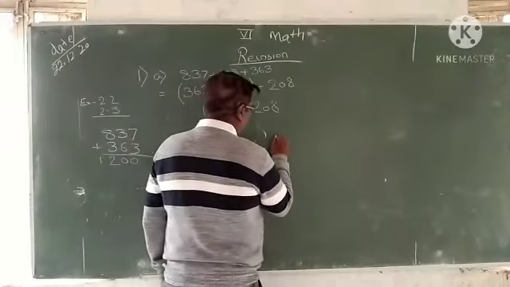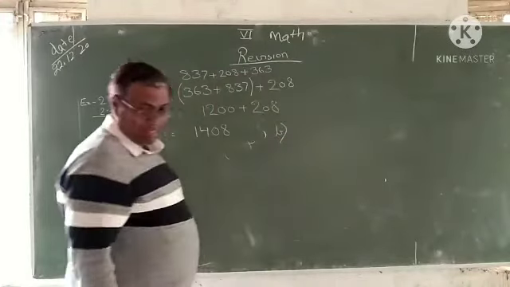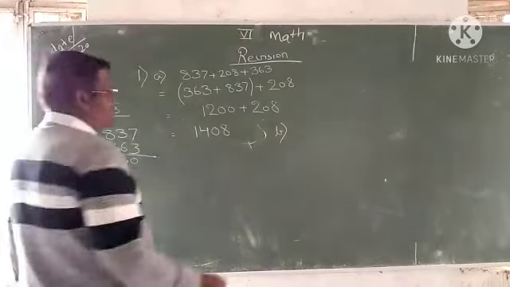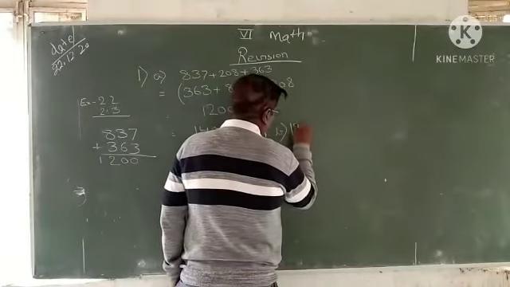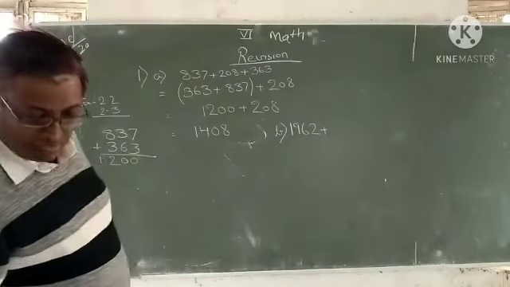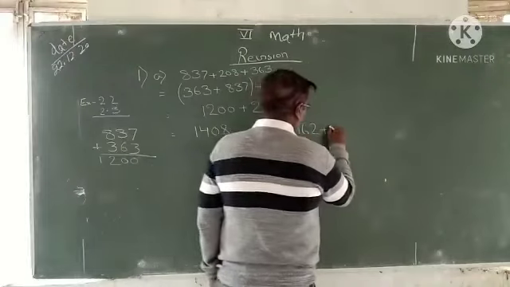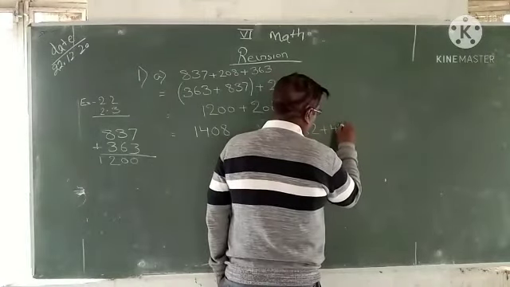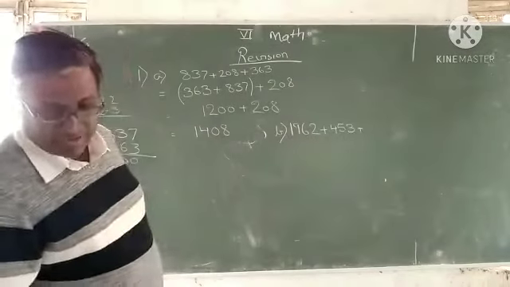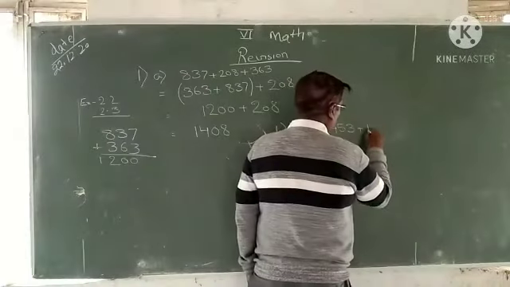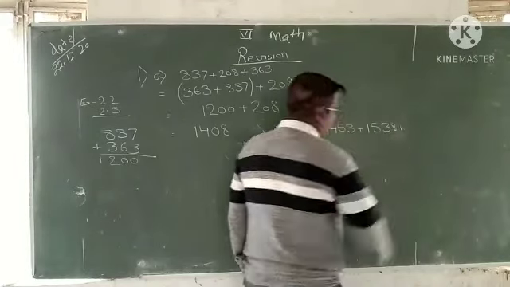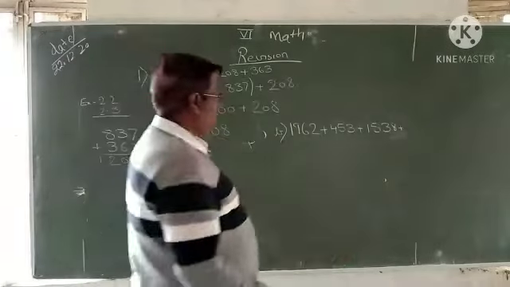Coming to sum number B, the figures which are given are 1962 plus 453, plus we have 1538, and lastly we have 647.